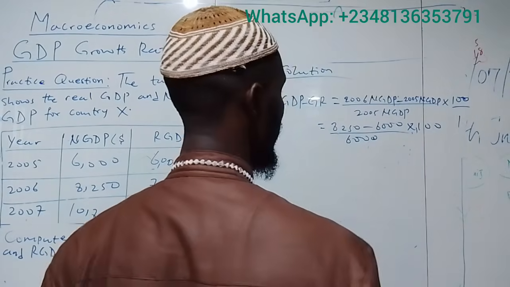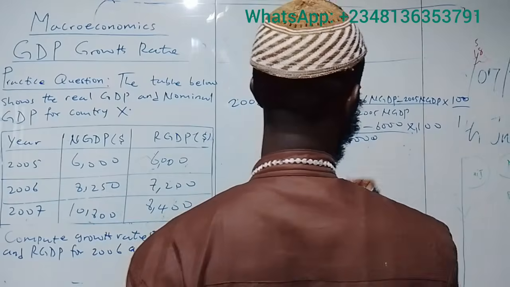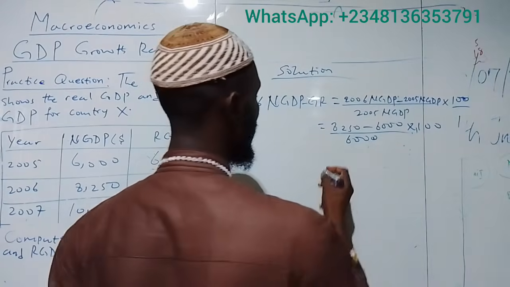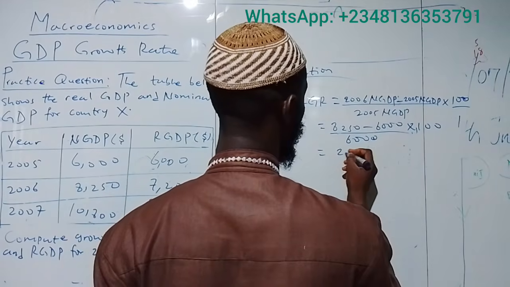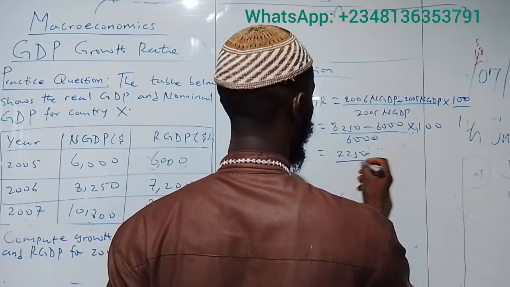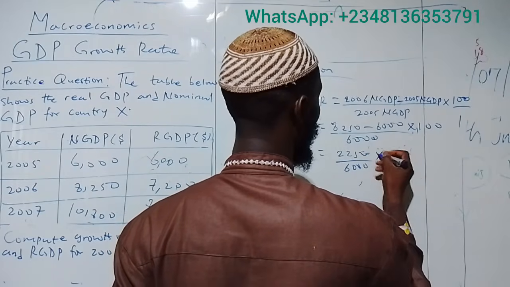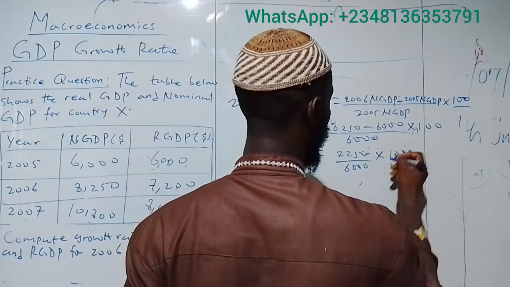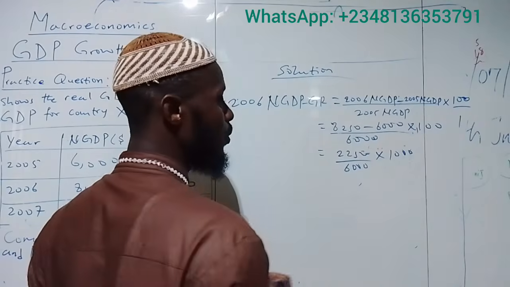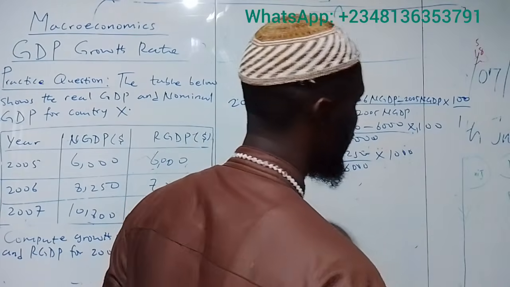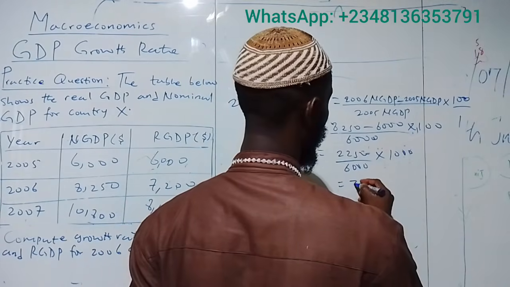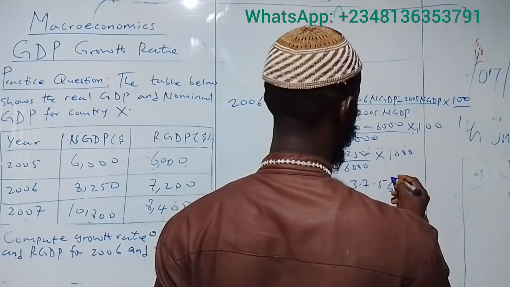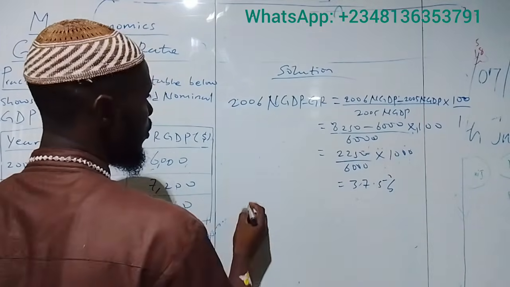When you subtract, you have 8,250 minus 6,000, which gives you 2,250. Then divided by 6,000 multiplied by 100. When you do the computation, we are going to get 37.5%.